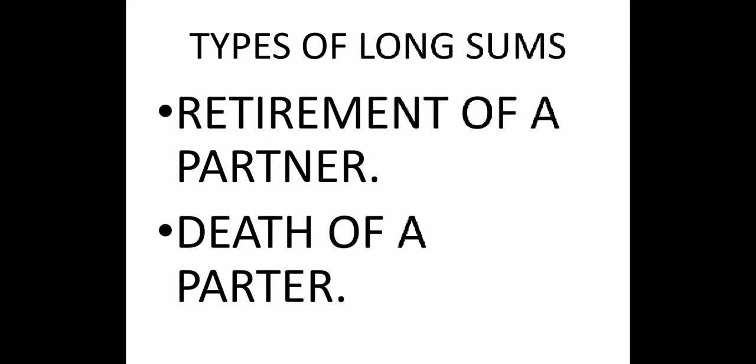Alright. Then we have understood illustration 25. The last sum that we have completed in the previous lecture, the last sum for the chapter, it was illustration 25. Illustration 25 again is about death of a partner.